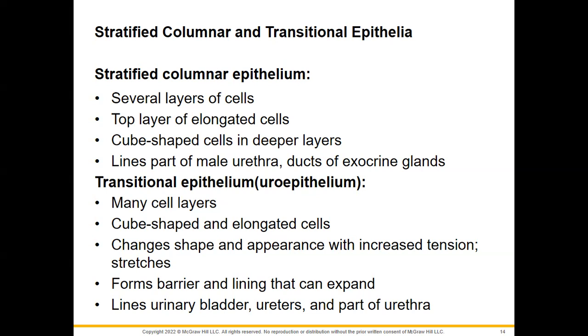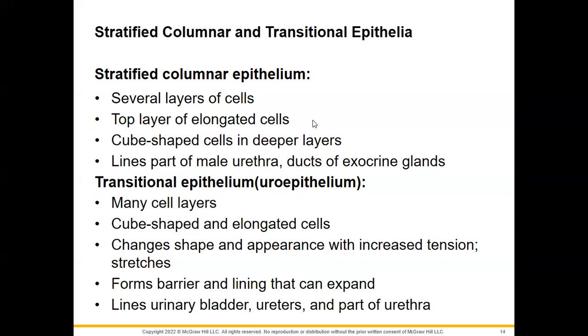So again, stratified means that there are several layers of cells. Just as with stratified squamous, when you look at the stratified columnar cells, you want to pay attention to the top layer of cells, or the most superficial layer of cells, for the shape designation.